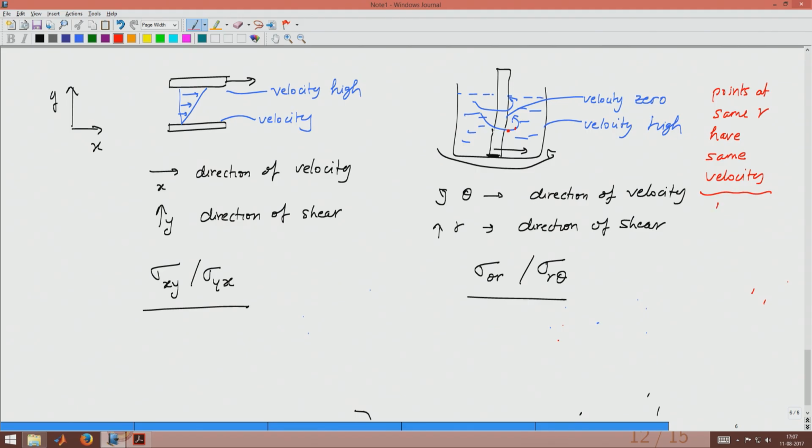So, therefore, no relative displacement. Similarly, here also if I take 2 points which are at the same y, there is no relative displacement. Material points at same y, no relative displacement.